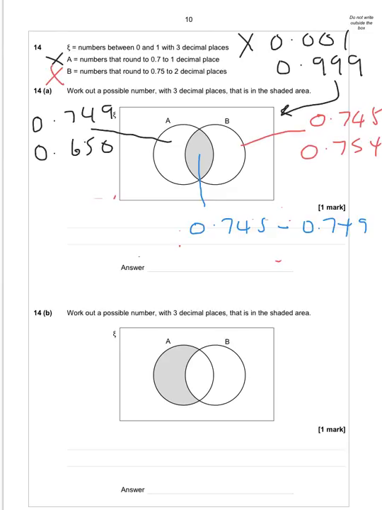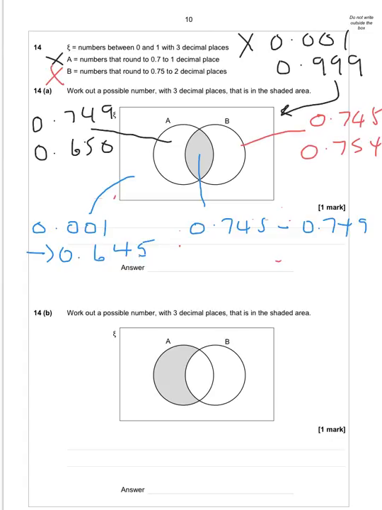Now, the only thing that's left for me to do is to say, well, what is left over? Well, that's going to be anything that is going from 0.001 up to 0.649, one less than that value. So that's a 5.